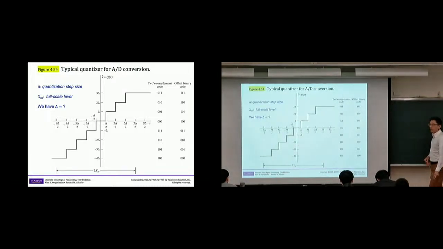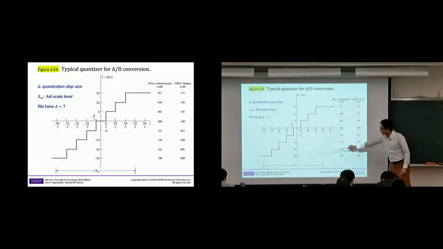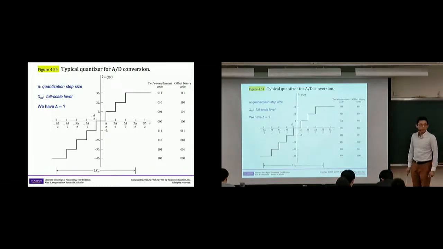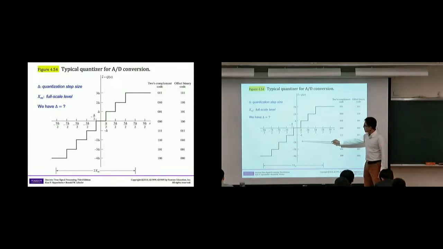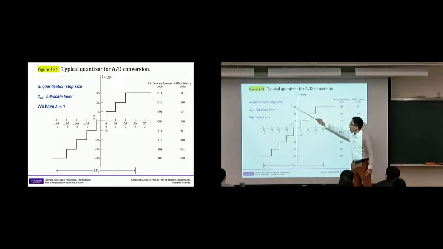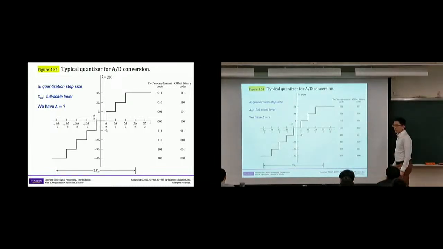So you can now define how you are going to use 3 bits to represent each level. Now we are ready to talk about how we represent each level, but in this example, there are 8 levels. Agree? And we separate the levels by a step size called delta, the quantization step size.